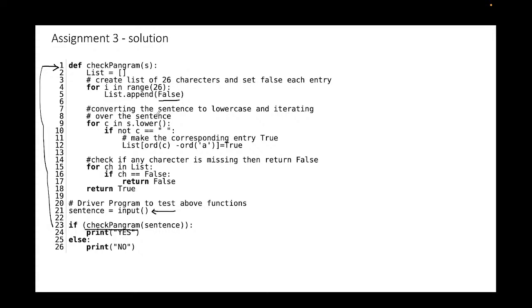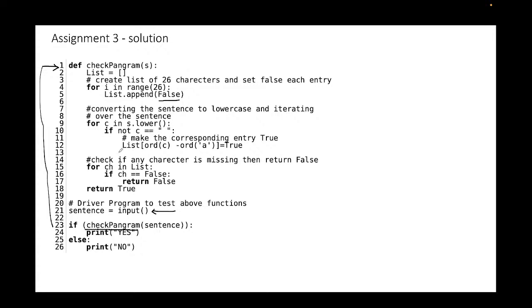After that, you convert the sentence to lowercase and then iterate over it. For each alphabet C in the sentence S, .lower will convert everything into lowercase. If we don't encounter a space, that means we are encountering an alphabet.